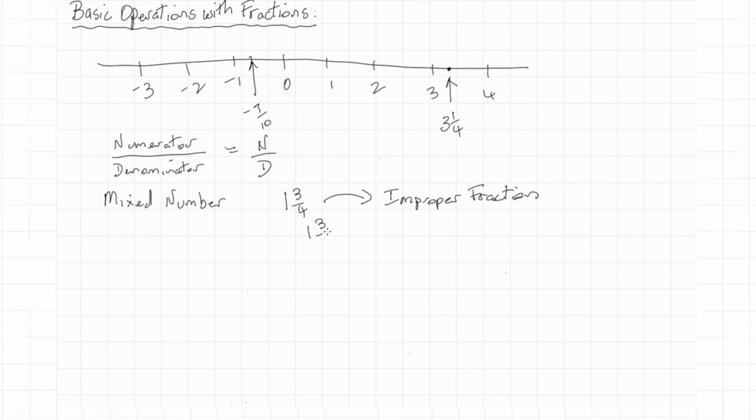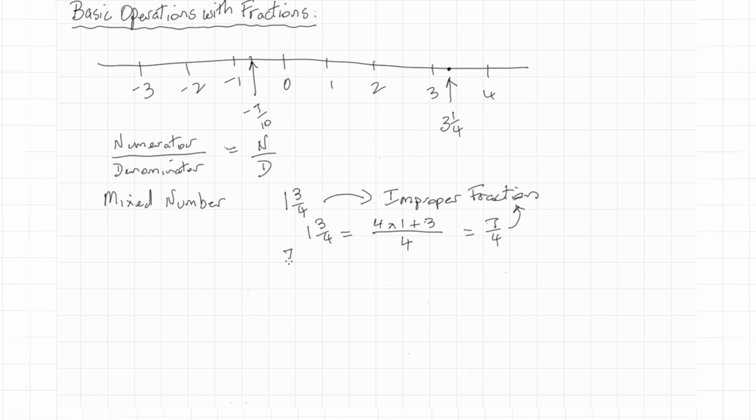So 1 3/4, we multiply the denominator by the whole number, and then we add the numerator, and we put it over the original denominator. So 4 times 1, 4, plus 3 is 7/4. Now that's an example of an improper fraction. You need to be able to convert mixed numbers to improper fractions, and you also need to be able to go back the other way.